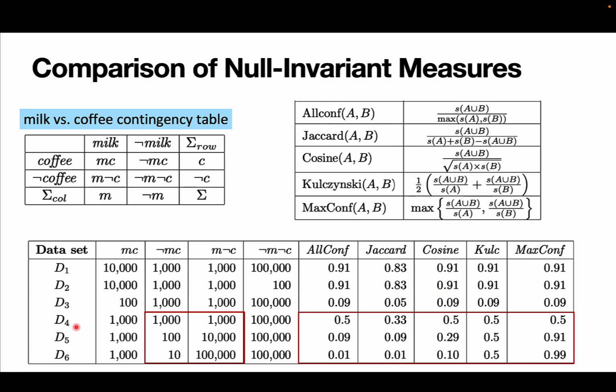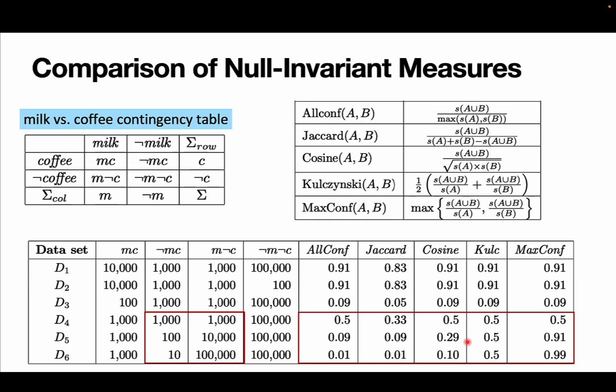For datasets D4, D5, D6, we fixed the values of milk and coffee, then varied the distribution for not milk coffee, milk not coffee, to observe the behavior of the null invariant measures. And I copied the table here so we can see the formula and make sense of what is going on with these numbers.